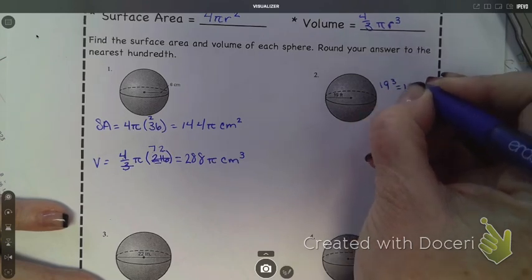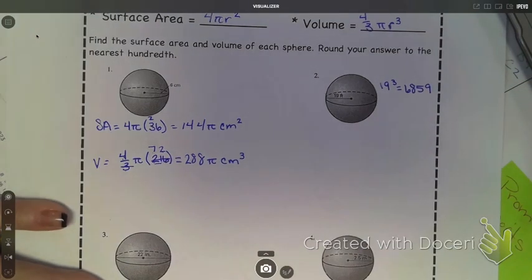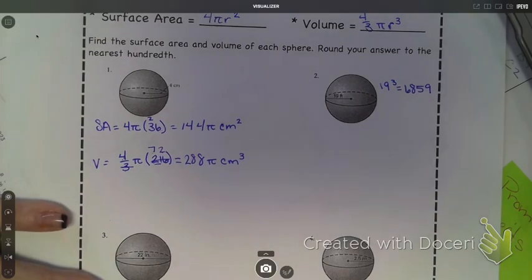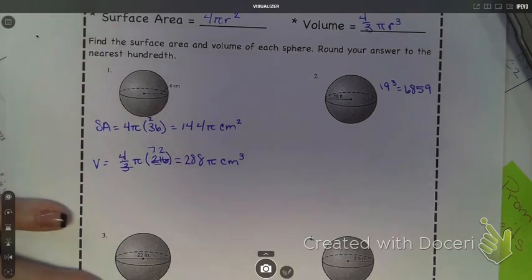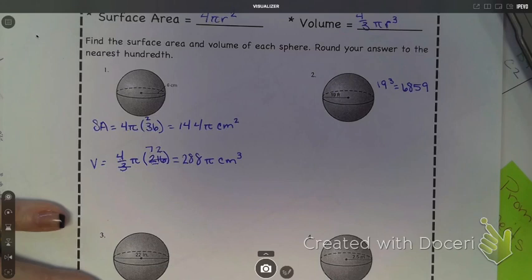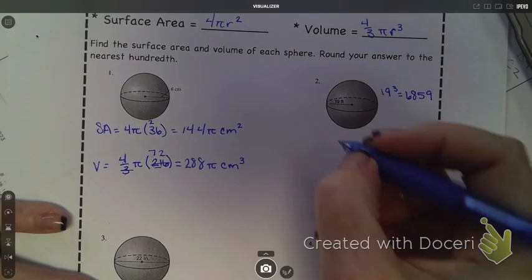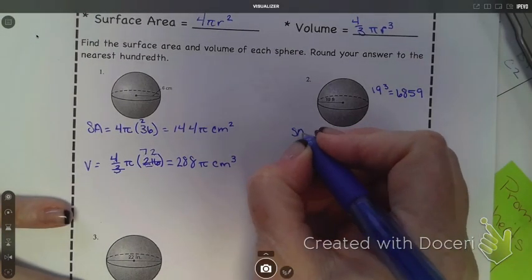You probably should be studying them a little bit more. 19 cubed is huge.